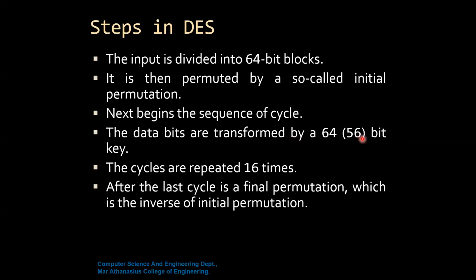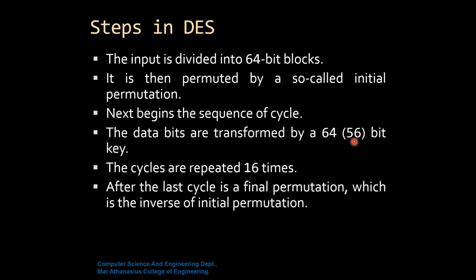Why is it written as 56 also? Because as soon as the subkey generation algorithm gets the 64-bit key, it just removes every 8th bit. In a 64-bit key, you have 8 bytes in total. The LSB of every byte, assumed to be a parity bit, is just deleted. So the 64-bit key is truncated to a 56-bit key.